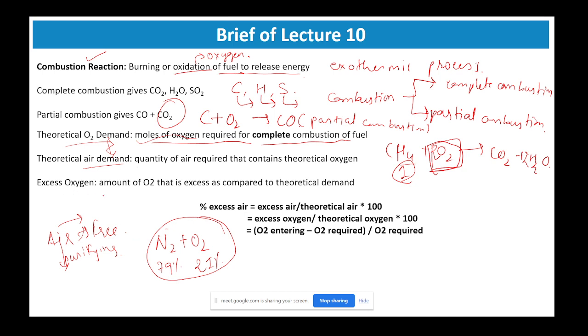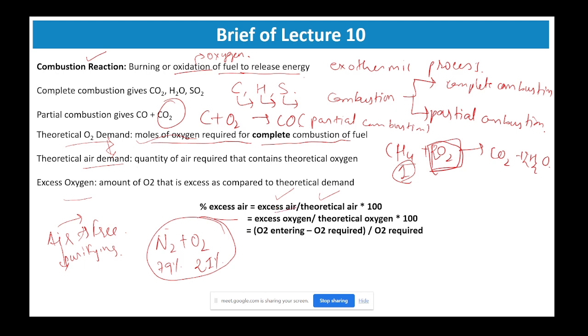So what does excess oxygen or excess air mean? It is nothing but the amount of air or oxygen that is fed over and above the theoretically required oxygen or air. So how do you calculate percentage excess air? It is the excess air per unit theoretically required air into 100.